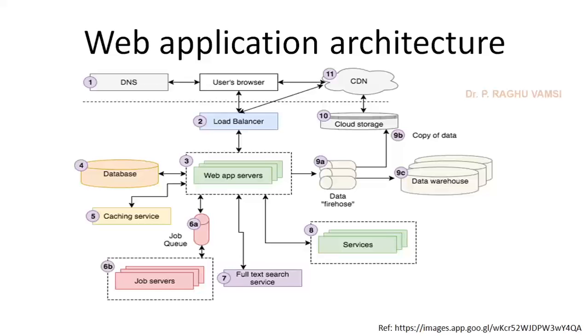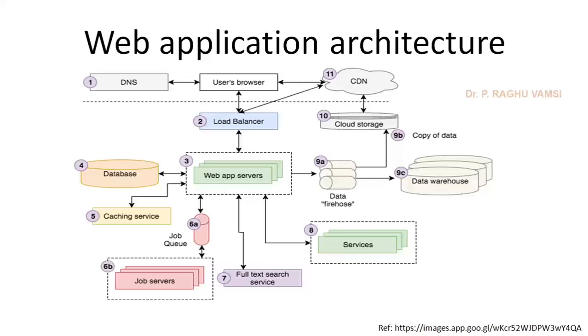So by and large, the web services used by web applications are shown in this diagram. Here, first of all, the domain name server will be there. The domain name server will try to resolve the domain names that you are presenting in the user browser. Then finally it goes to the load balancer.